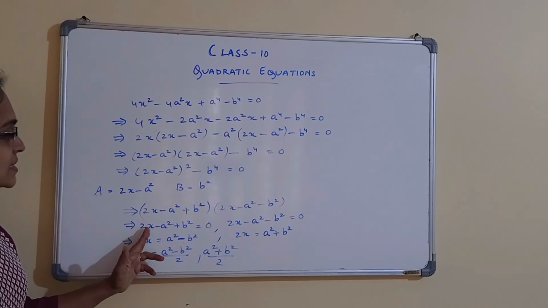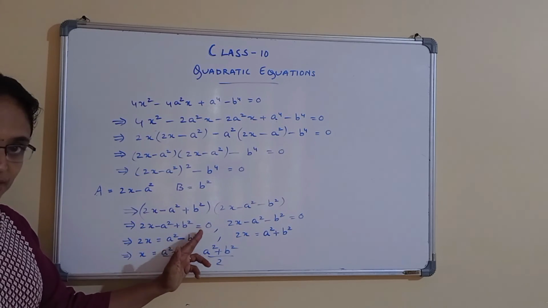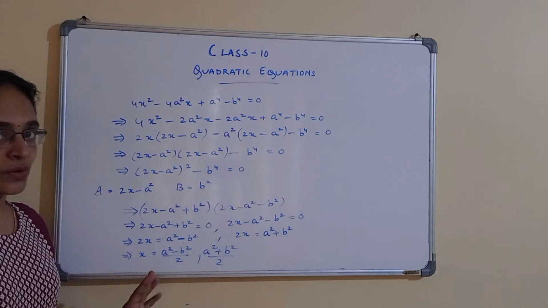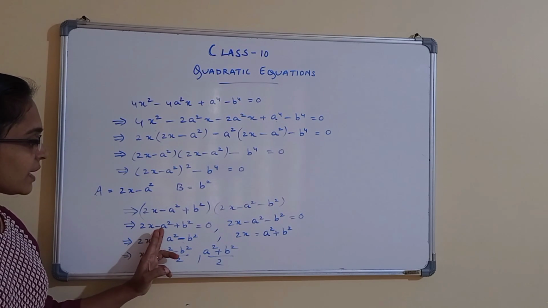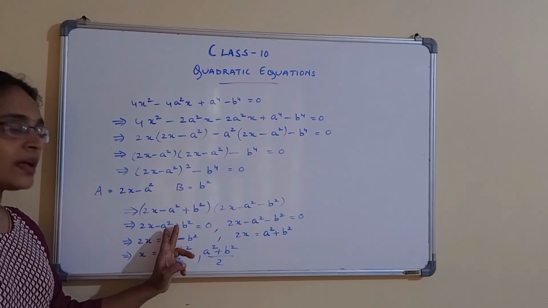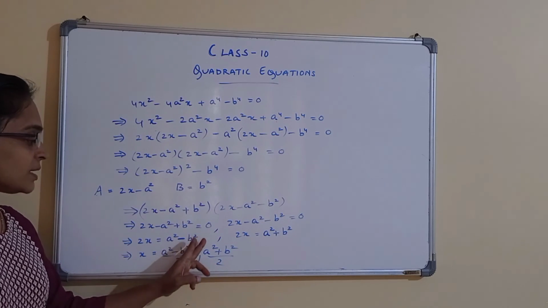Okay, so this is the same as 2x minus a square plus b square equal to 0 and 2x minus a square minus b square is equal to 0, which implies 2x is equal to, when we take this minus a square to the right hand side, we will have a square, and if we take this plus b square to the right hand side, we will have minus b square.